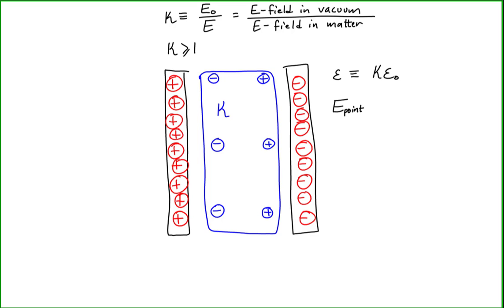This means that the electric field for a point charge in the presence of a dielectric is equal to 1 over 4 pi epsilon times the charge over the distance between the charge and the point in space squared.